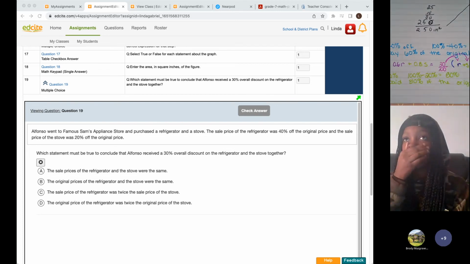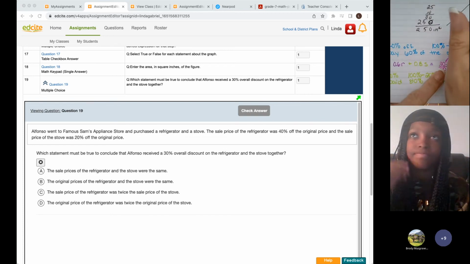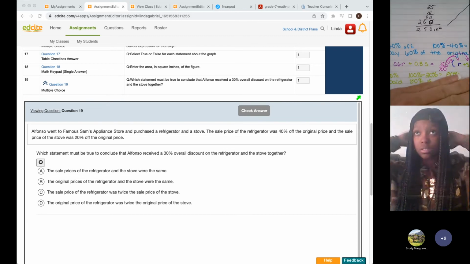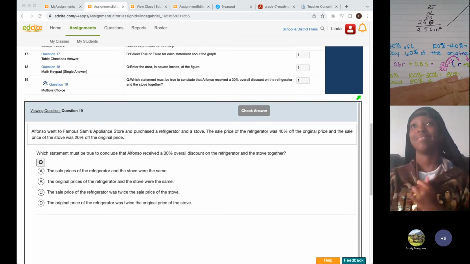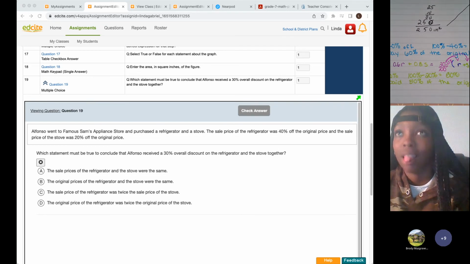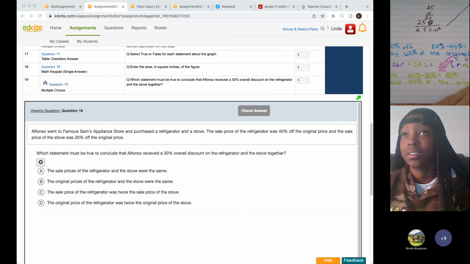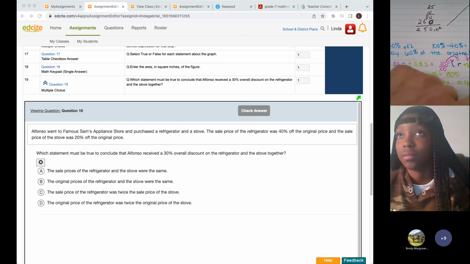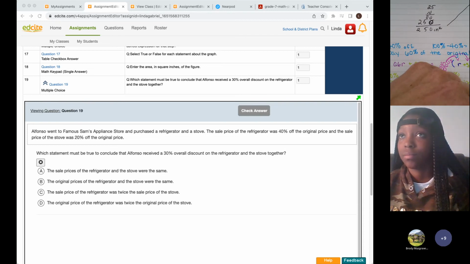Let's just put 0.3, so that way we know I have 0.6R plus 0.8S is equal to 0.3 times R plus S.